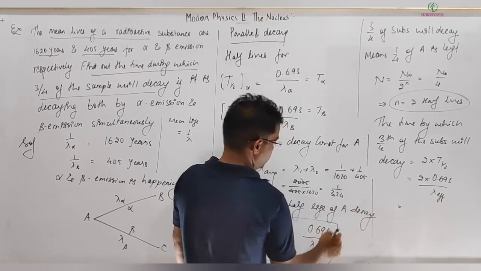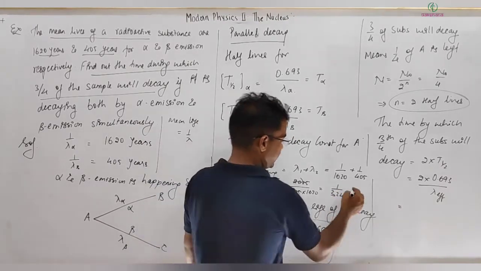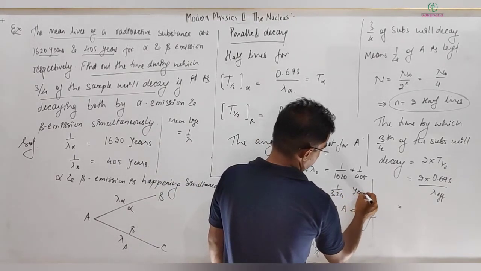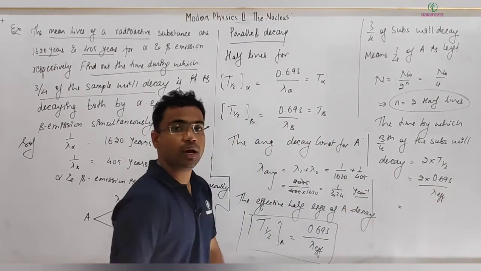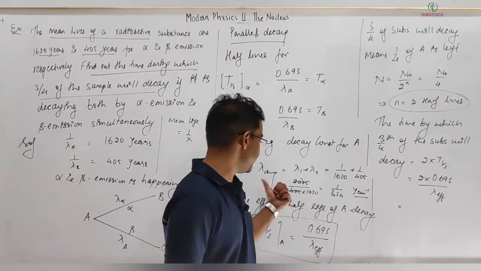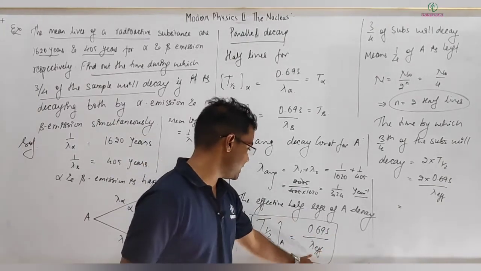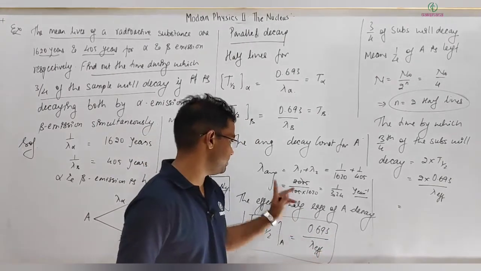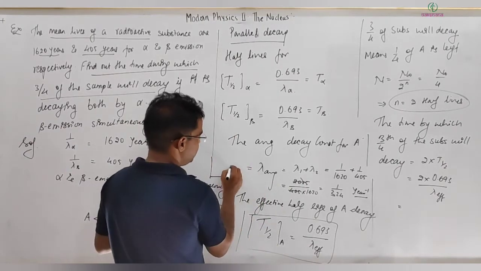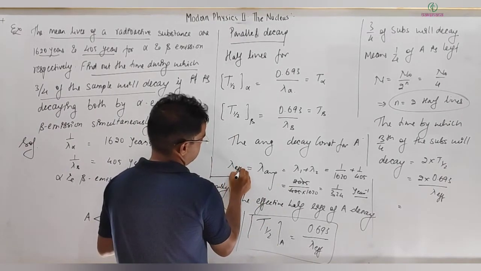So this is your lambda mean, in year inverse. Okay, lambda average, lambda effective, we got. Now for the effective half-life, we can write lambda effective here or lambda average here. It means the same, lambda effective.